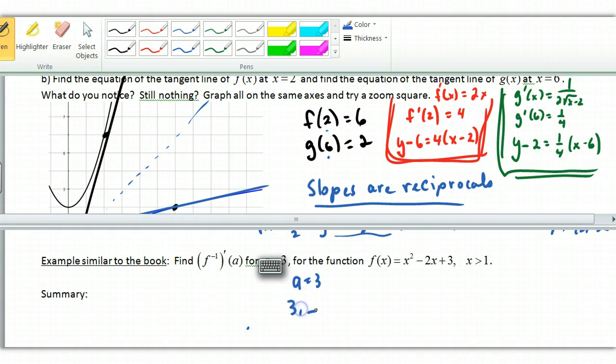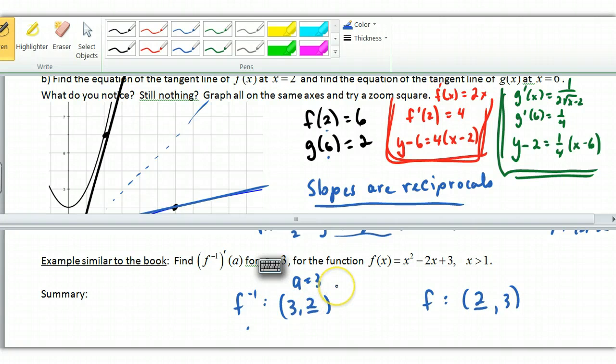So I'm going to have (3, blank) on f inverse. And then over here, I'm going to have on f, it's going to be (blank, 3). This turns out to be the same exact thing. So I get 2, and it's just worded differently. That's all I wanted to show you.